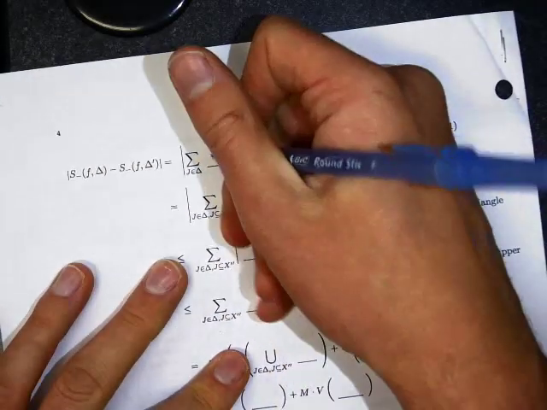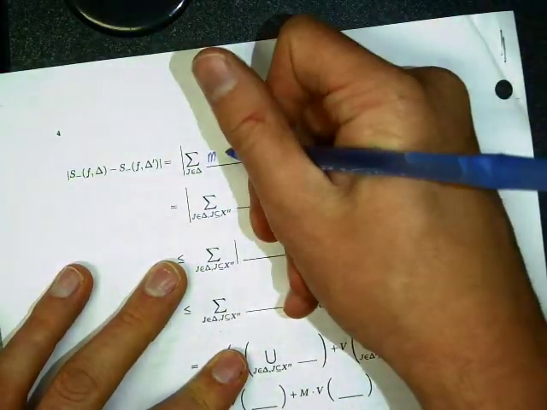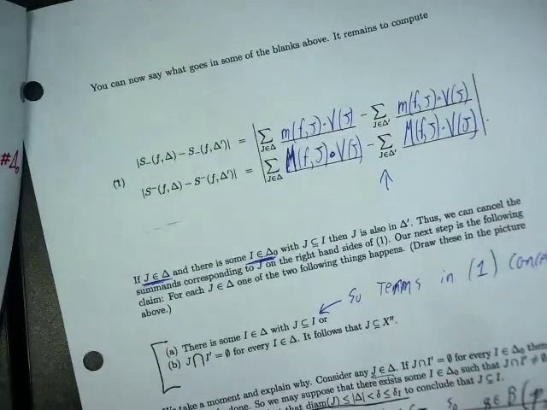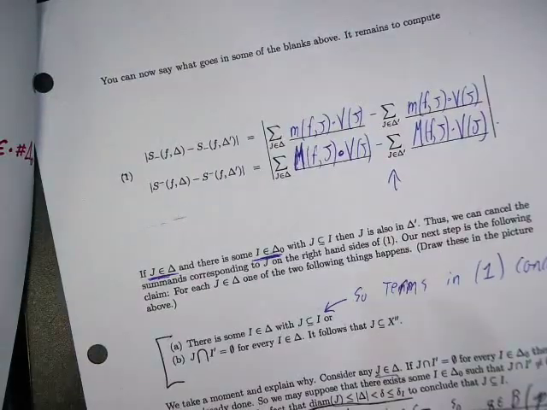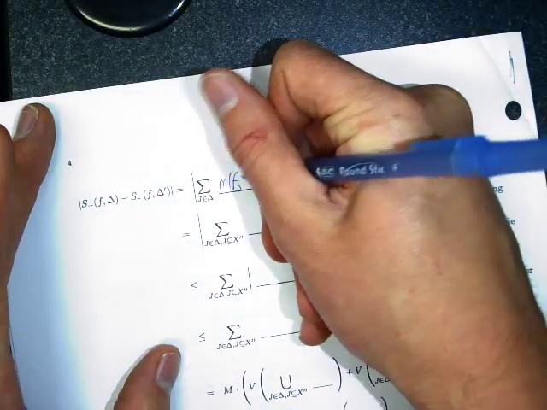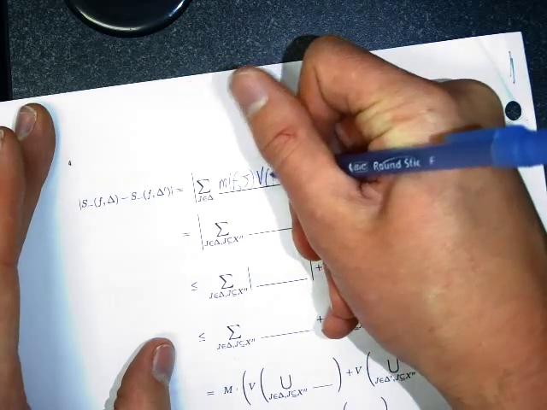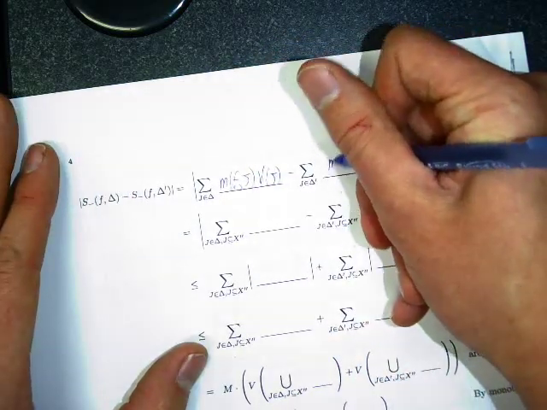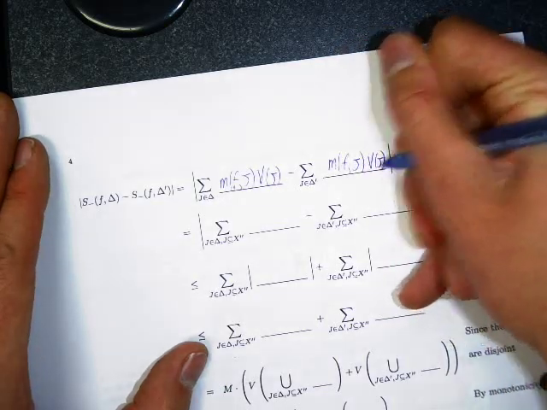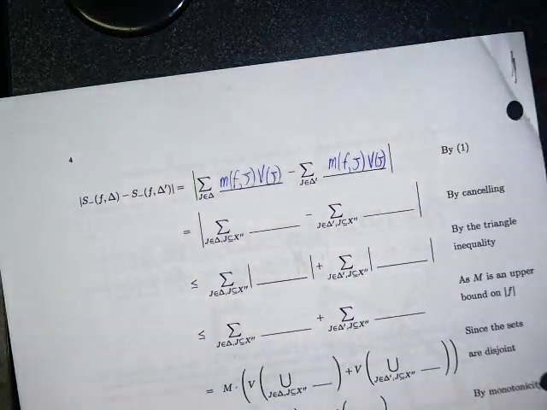All right, we already know what that is. That's the sum of all of these things that look like m of f_j times the volume of j, minus the sum of all things that look like m of f_j times the volume of j. And you could cancel a bunch of these terms.